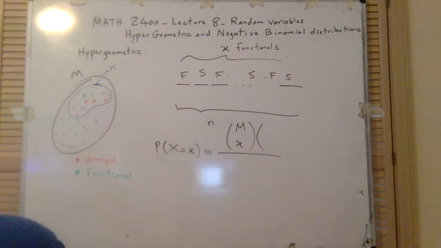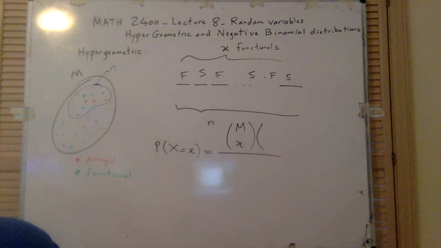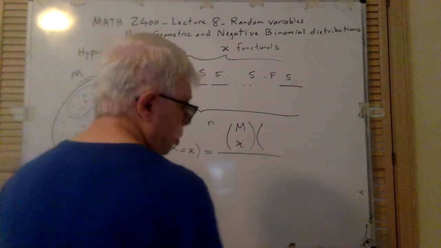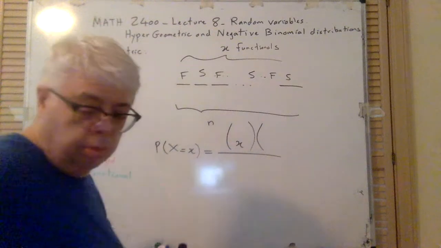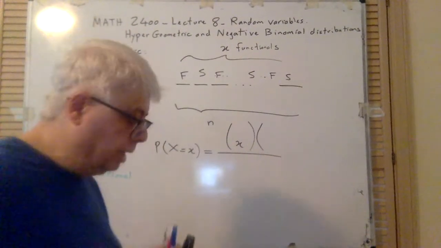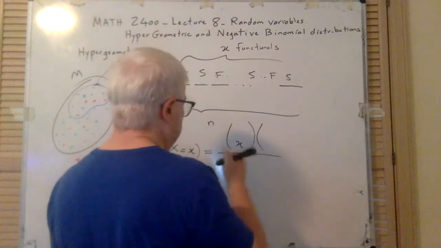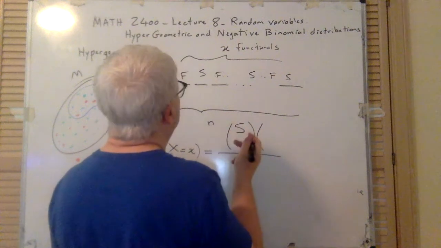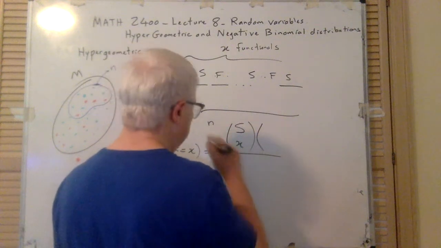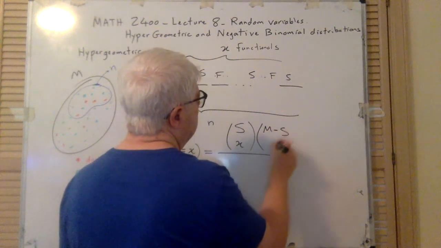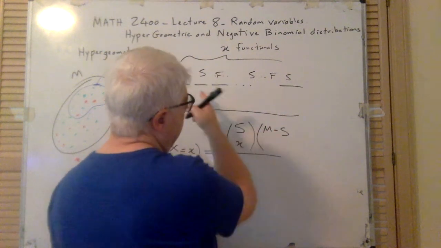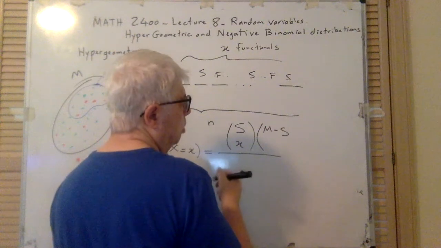No, this is not m. I'm just looking at the problem. I had s, not m. So m was the total number, and s and m minus s, the rest of them, will be damaged.